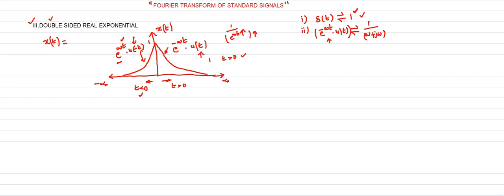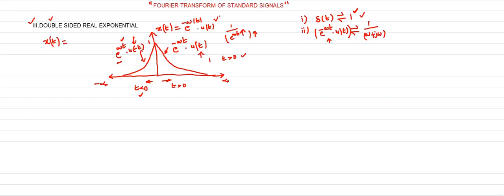So if you combine these two, I can represent your double sided real exponential signal like this: e power minus a into mod t into u of t. So this is your double sided real exponential signal.